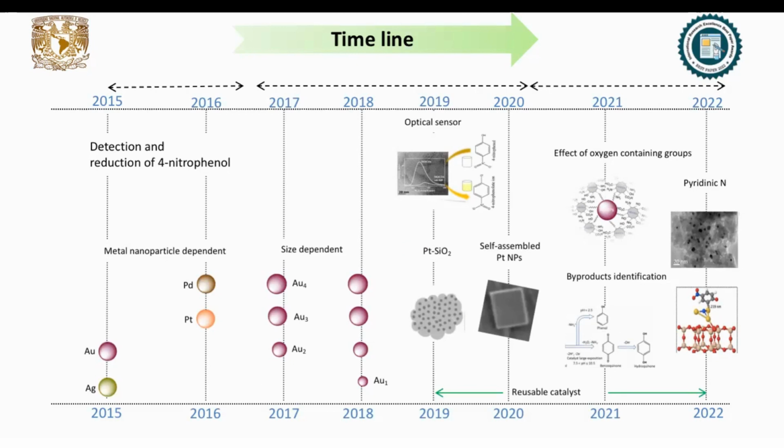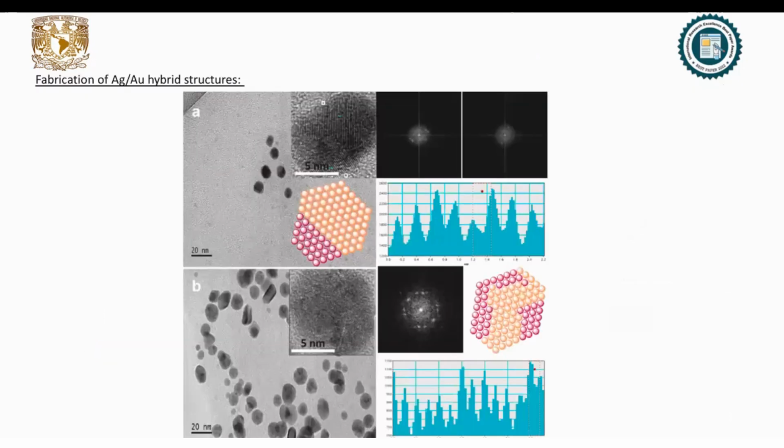This is our timeline of growth in the detection and reduction of 4-nitrophenol over the last few years. Now we are going to talk about the results we obtained recently, which are also published.